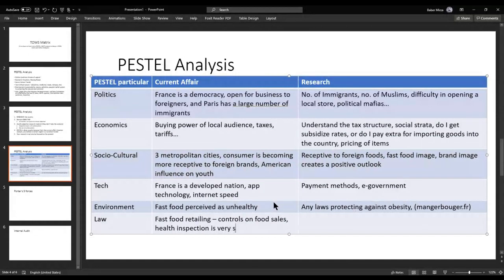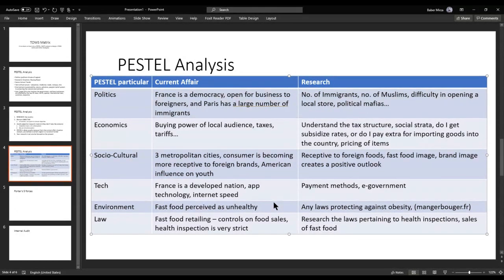It's very strict. So for this, I would just have to research the law pertaining to health inspections, sales, fast food.